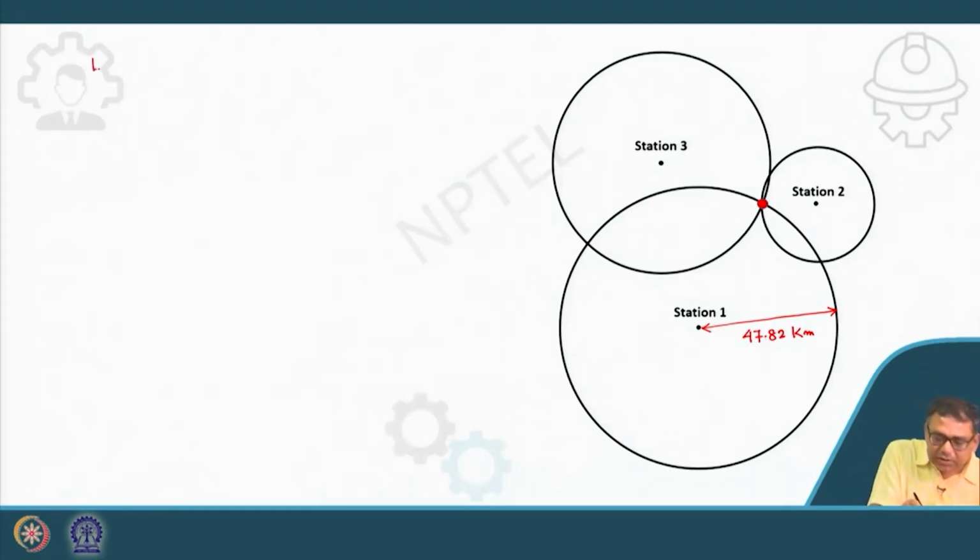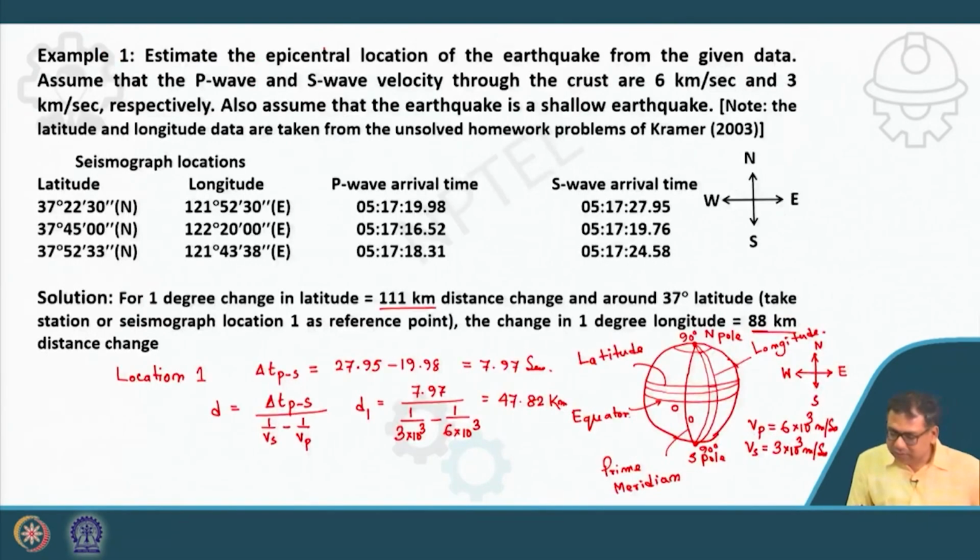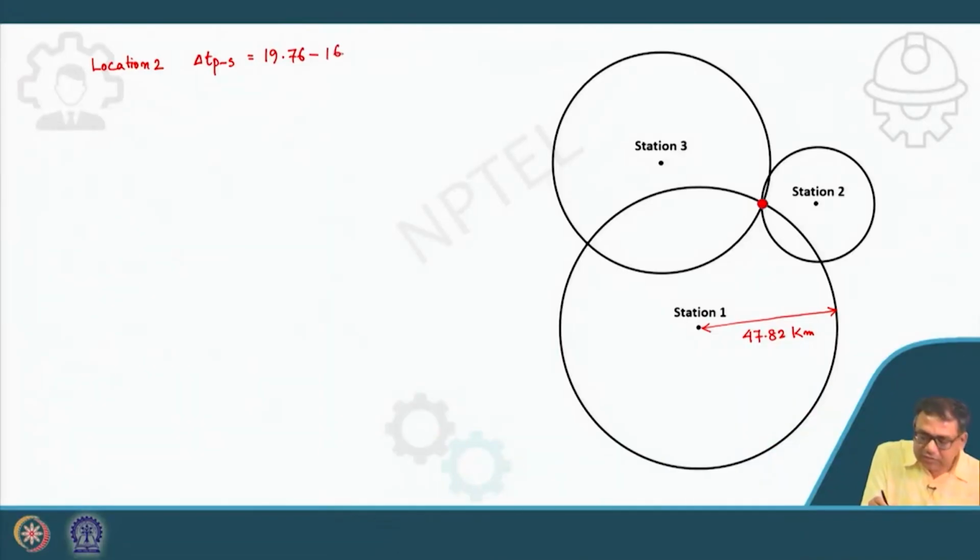Similarly, for location 2, your del TPS is equal to 19.76 minus 16.52, that will be 3.24 seconds.